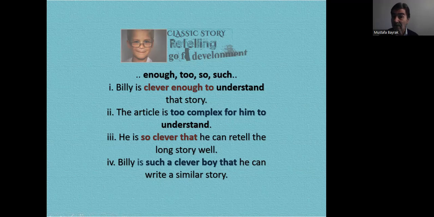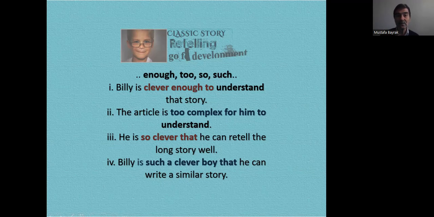The article is too complex for him to understand. He is so clever that he can retell the long story well.